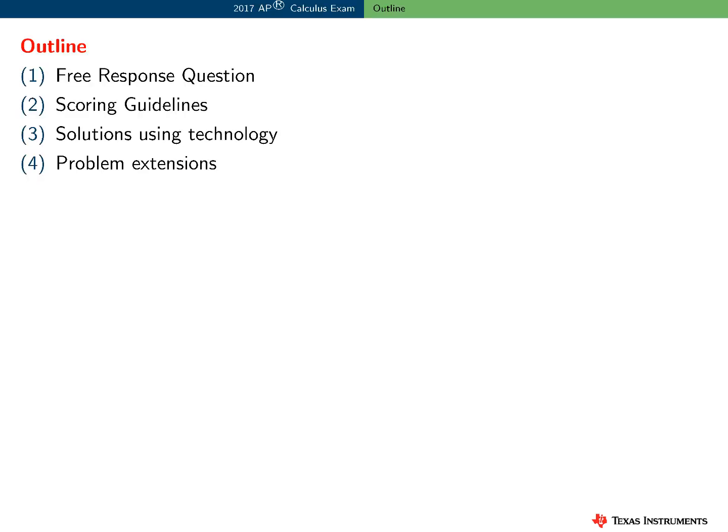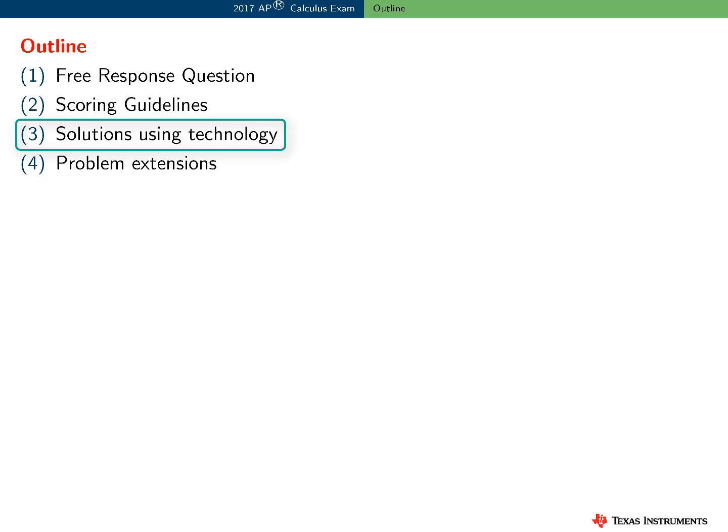Here's an outline of the information presented in this video. I'll start by reviewing the free response question, and then the scoring guidelines used at the AP Calculus reading. And I'll focus on the solutions presented in these guidelines, not how the points were awarded.